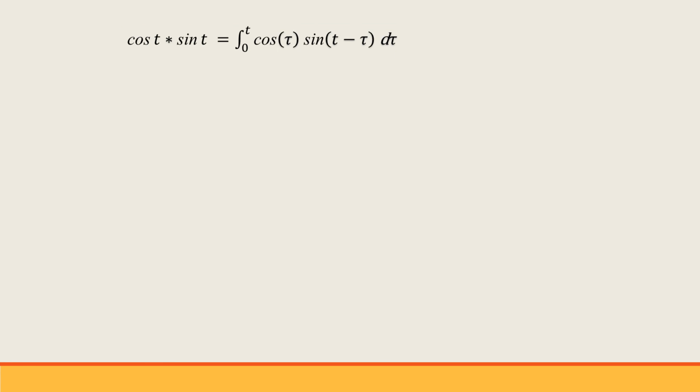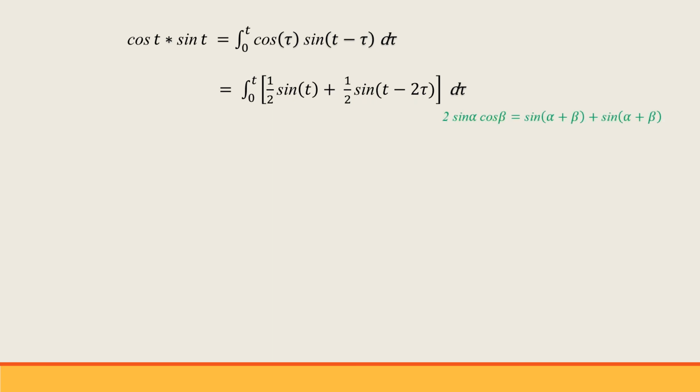So, we can write convolution of cos t and sin t equal to integral 0 to t cos tau into sin (t minus tau) d tau. Now, this term cos tau into sin (t minus tau), we can write it as (sin t)/2 plus (sin (t minus 2 tau))/2 by using this trigonometric identity.